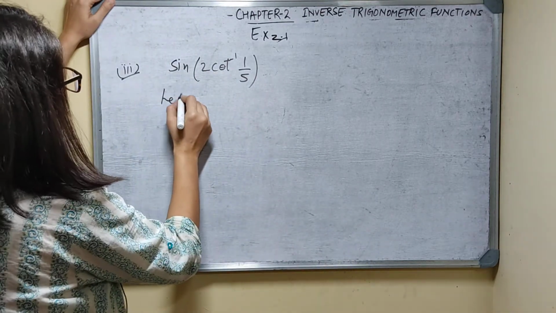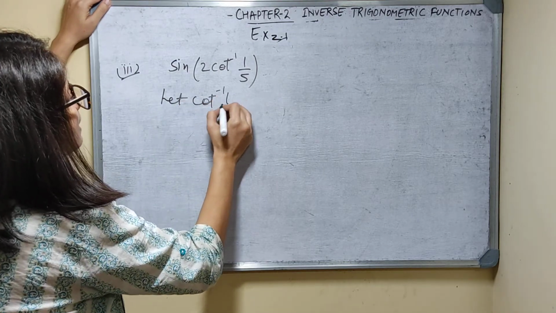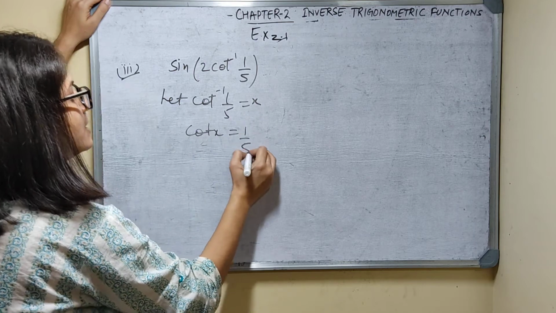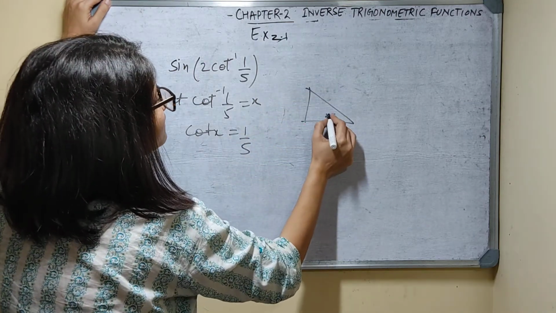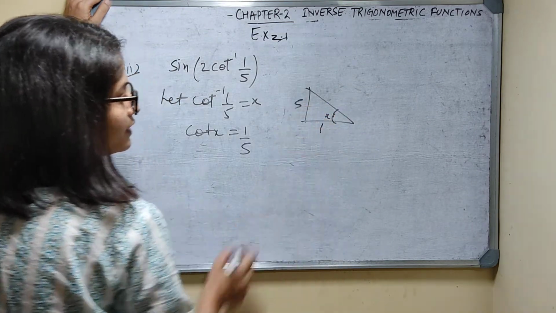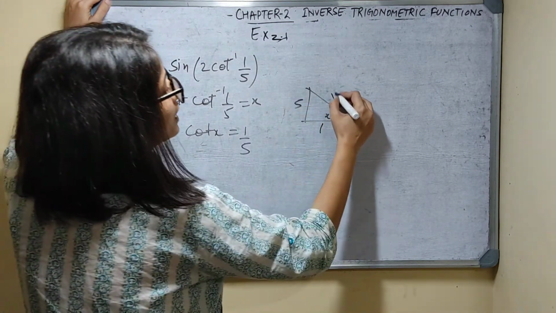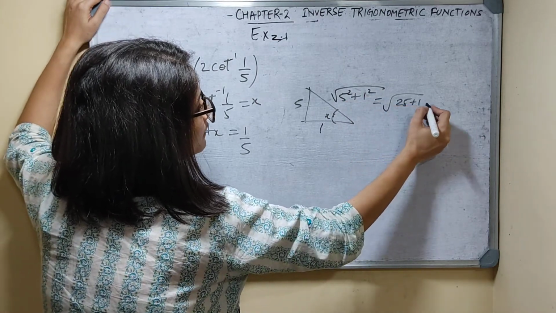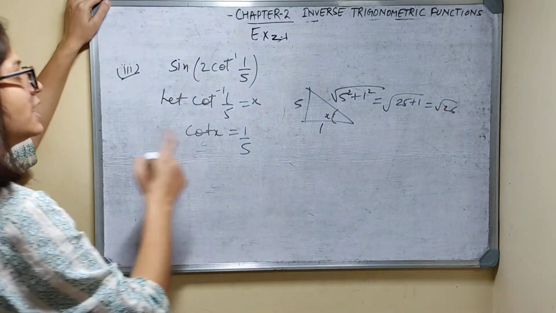Let cot inverse 1 by 5 be equal to x. So cot x is equal to 1 by 5. Cot x means this is 1, this is 5. So you can find the hypotenuse: root of 5 squared plus 1 squared, root of 25 plus 1, that is root 26. Cot x value you know.